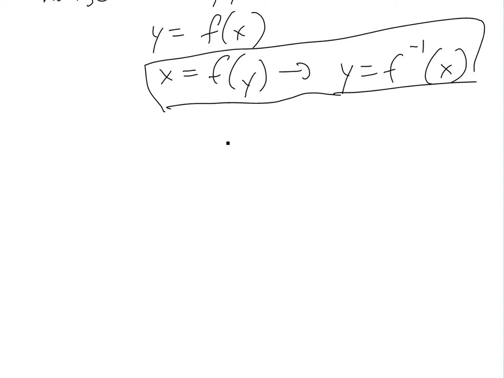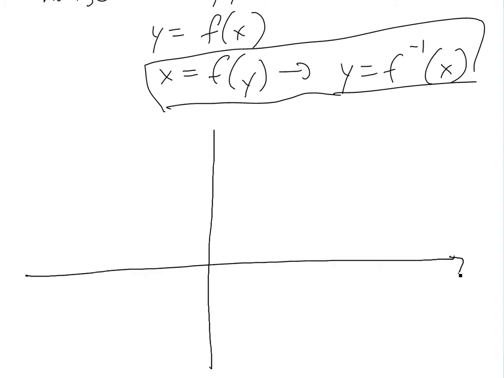If we look at the graph of a general function, y equals f of x, we graph it generally like that. What I showed before is that the inverse is a reflection off the y equals x line. Let's draw this y equals x line.